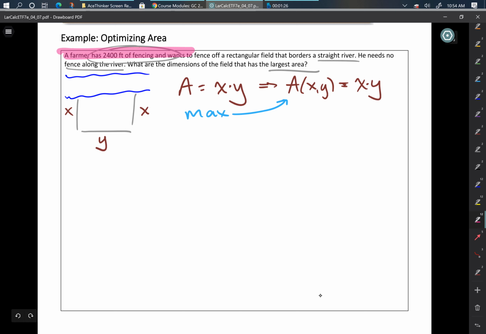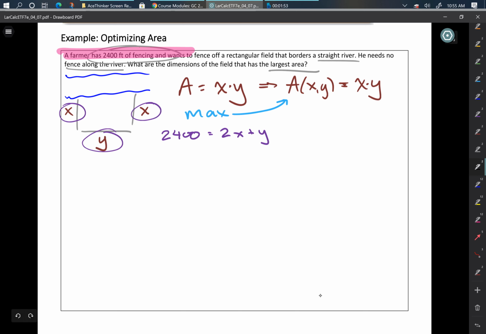Okay? That we're going to use 2,400 feet of fencing to make this happen. And since we're going to use 2,400 feet of fencing, I know that 2,400 needs to be equal to 2x plus y. This length plus this length plus this length better add up to 2,400 feet. Now I'm going to use that to do a substitution.